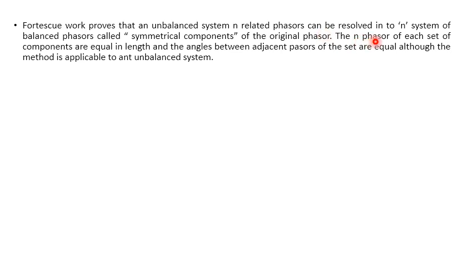The n phases of each set of components should be equal in length, and the angles between the adjacent phases of the set are equal. Hence we can use this method for any unbalanced system.